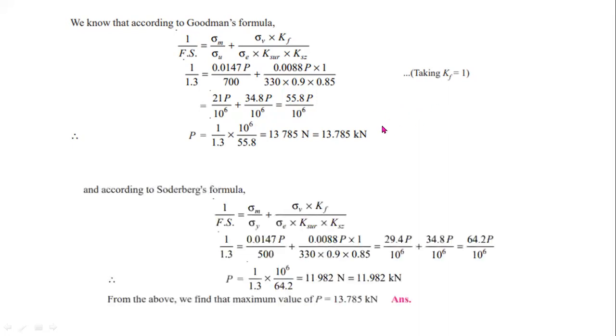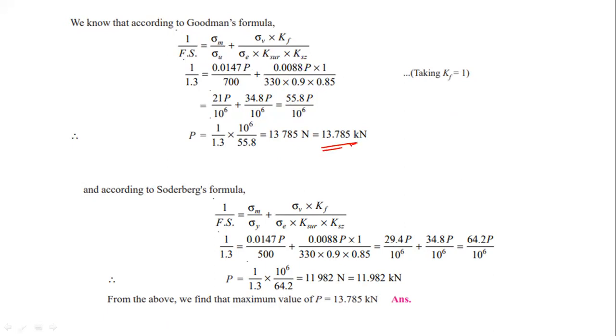So substitute the values of sigma e, surface finish factor, size factor, and variable stress factor. After substituting the values in this equation, we got the value of load P equal to 13.785.